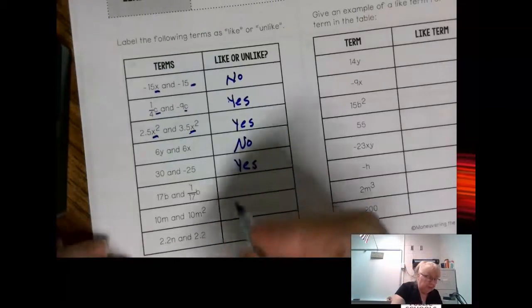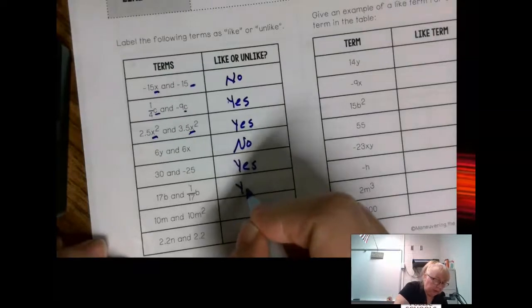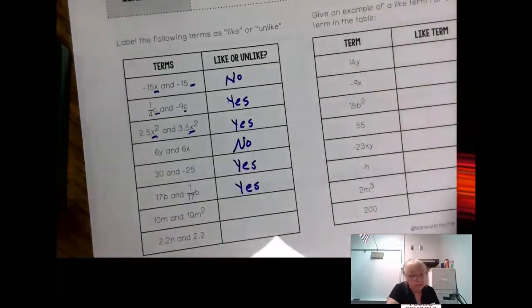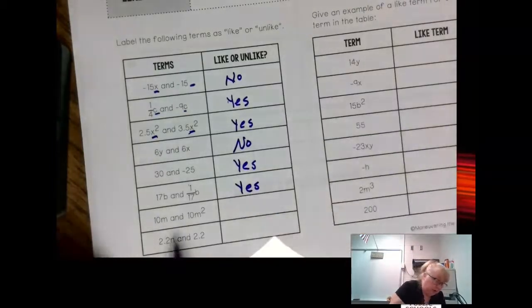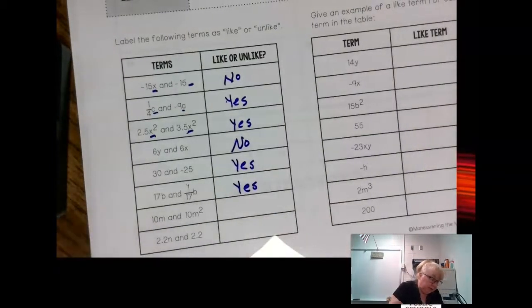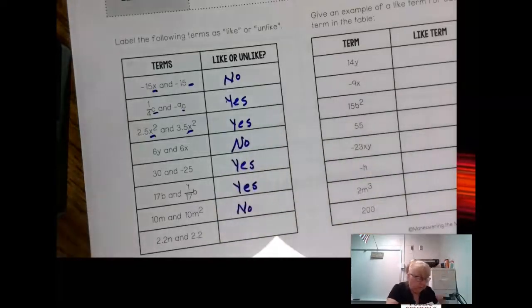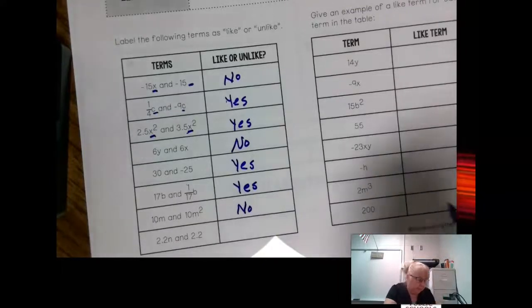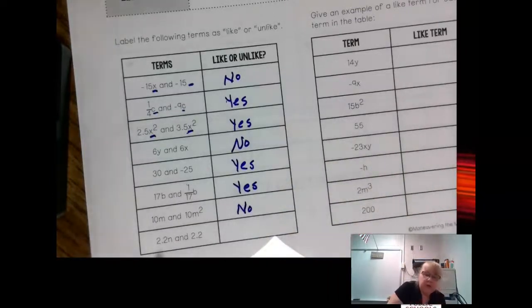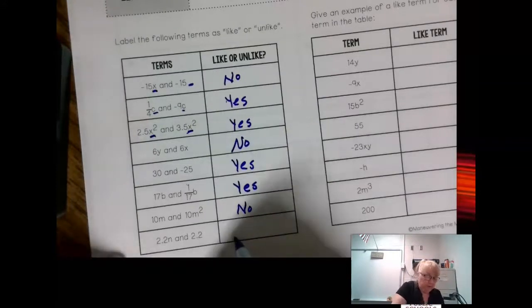The base is b, that's correct. And the exponent's the same because we don't see it, so it's 1. And so they are like terms. Next one is 10m and 10m squared. No. M and m squared are not the same, they're the same base, but they're not the same exponent. Next one, 2.2n and 2.2. No.